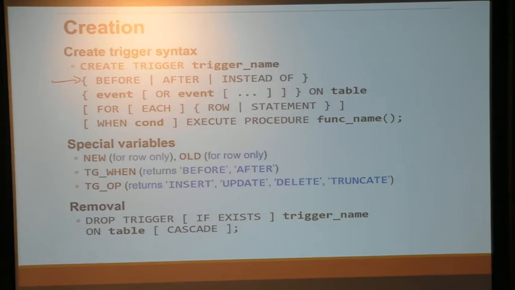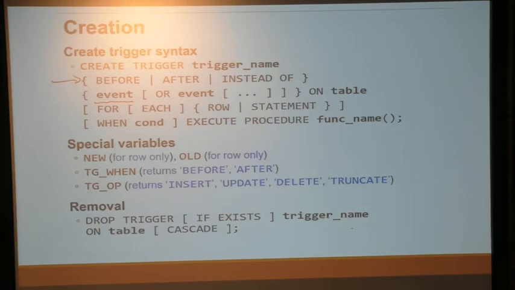And this is the event. Event is basically things like your update, your insert. So you can have a trigger before every insertion, so you want to check, if I insert this, will it be successful?